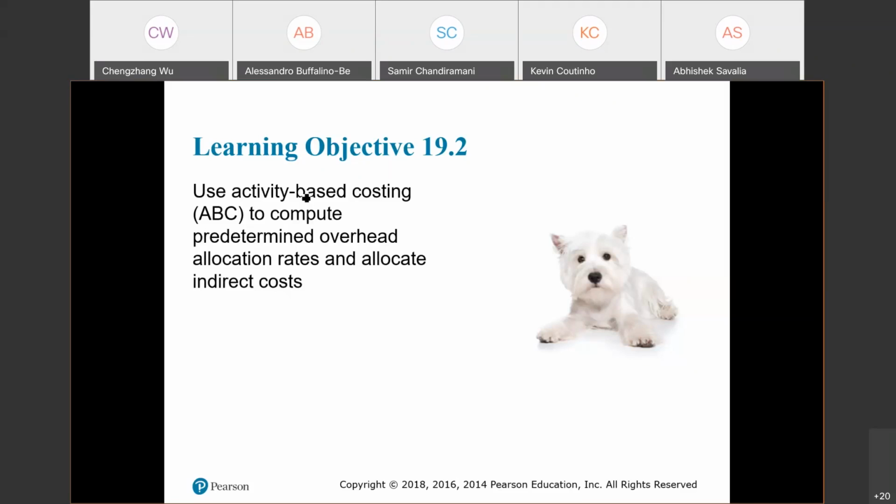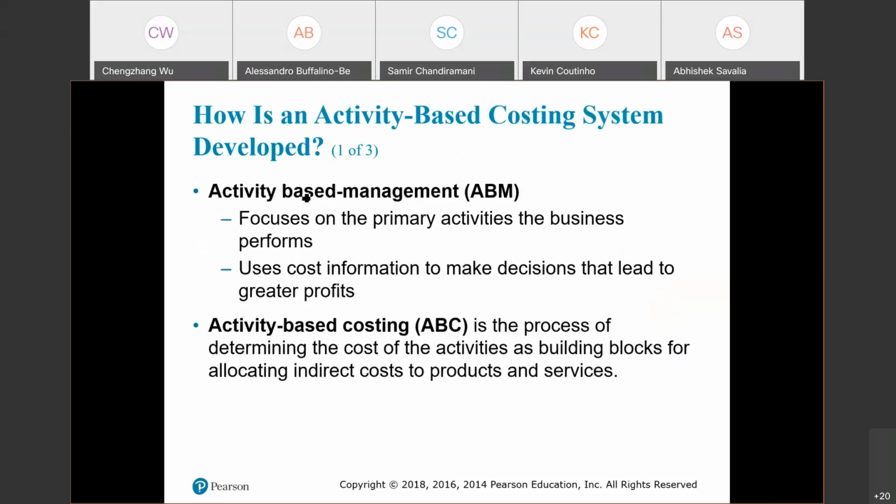Well, let's assume Smart Touch Learning is now facing its saturation. Its two primary products require different amounts of resources.